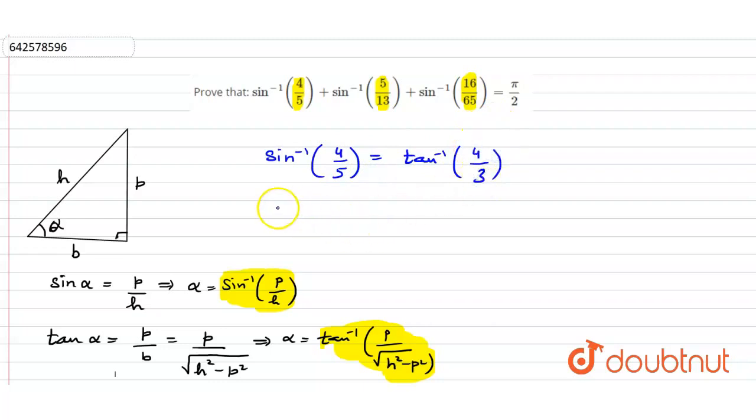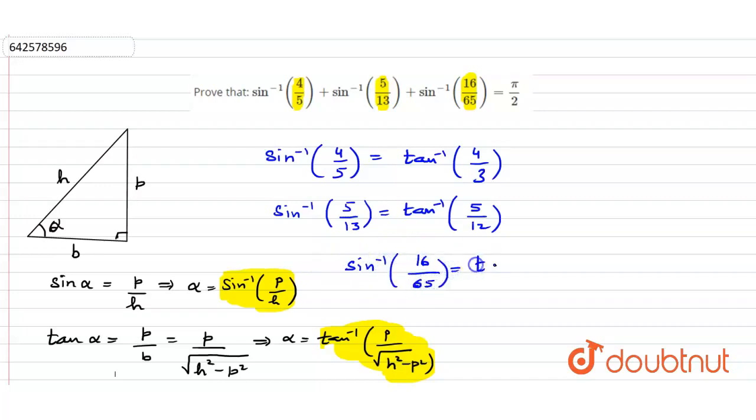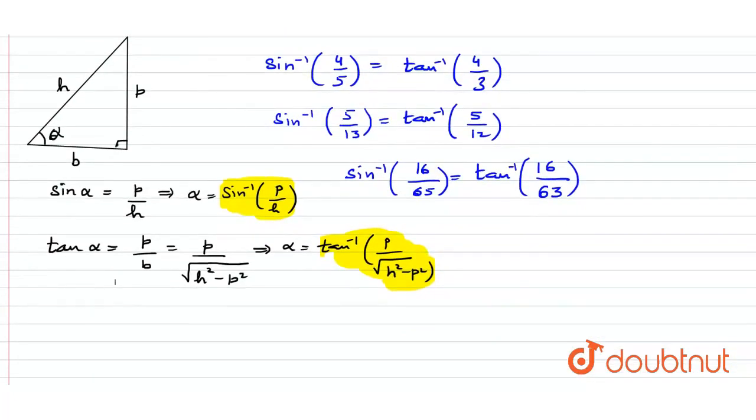In the similar way, sine inverse of 5 by 13 can be written as tan inverse of 5 by 12, because root over 13 square minus 5 square is 12. And finally, sine inverse of 16 upon 65 is equal to tan inverse of 16 upon 63, because root over 65 square minus 16 square is 63.